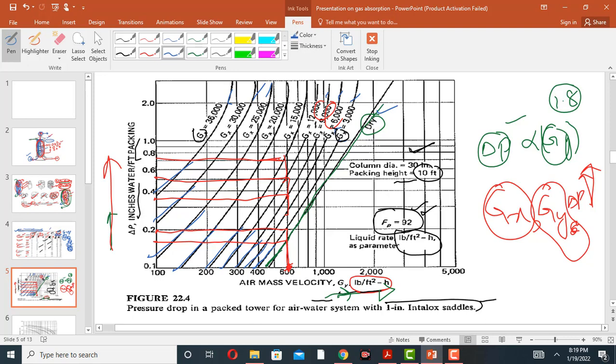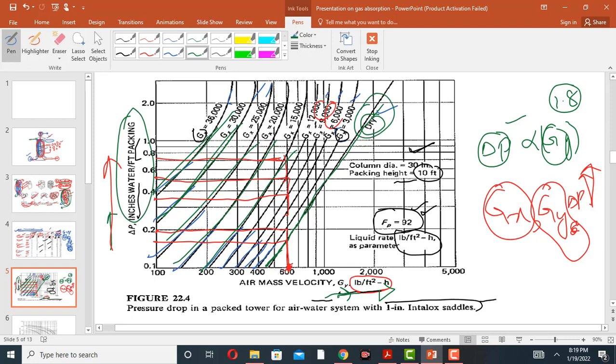When the space between packing material, the void fraction, is filled with water, there will be a hurdle for gas to pass through the column. Therefore the pressure drop will be increased for the irrigated column as compared to the dry column.